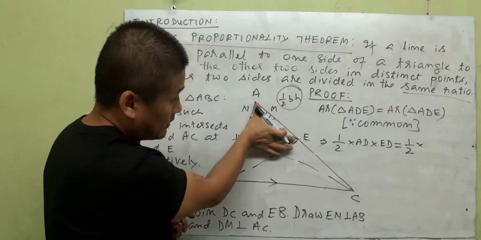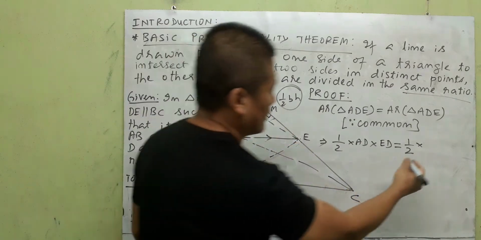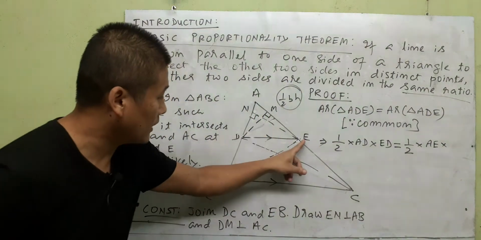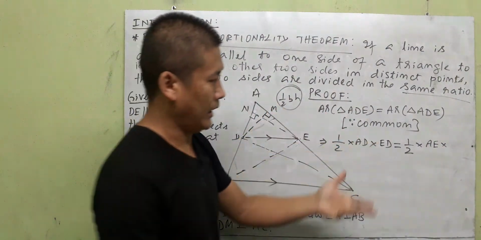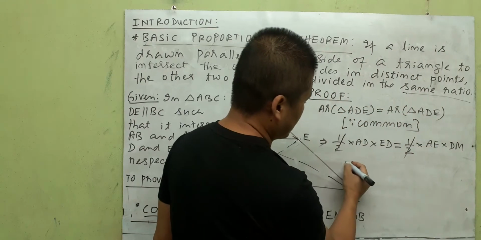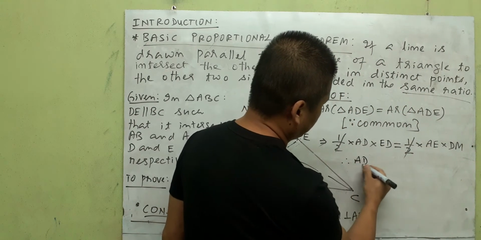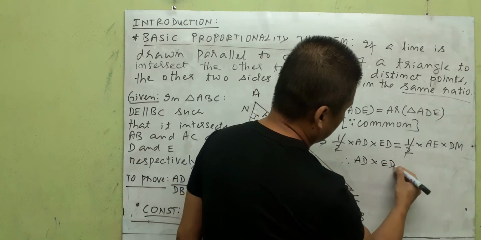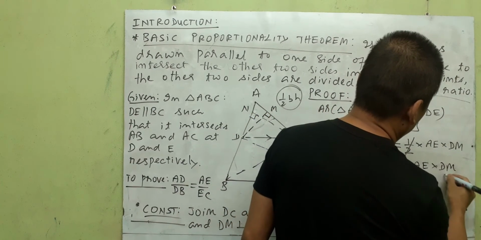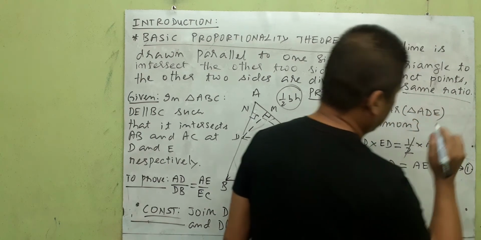Now let us take this side as base, AE. If you take AE as base, then the line which is perpendicular to AE is DM. So that will be the height, DM. We can get these two halves cancelled, and therefore you will get AD into EN is equal to AE into DM. Let us keep this as equation number 1.